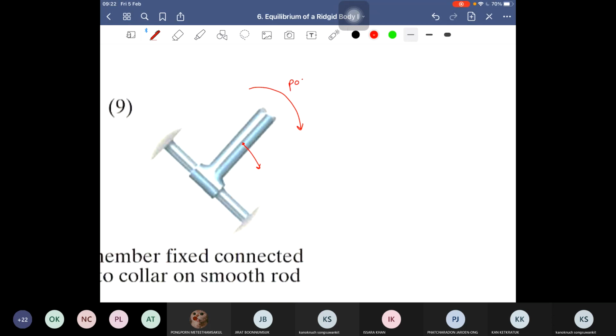The possible rotation acts in this direction. In order to resist this possible rotation, the support must create one couple moment acting in a different direction. So this support produces this M.